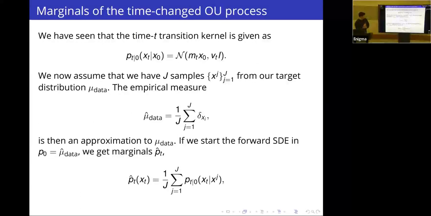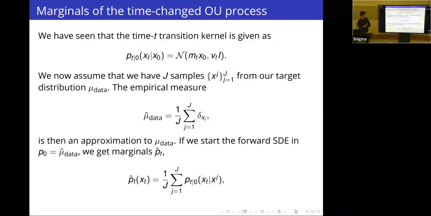So for this particular circular example, we've seen that the time t transition kernel is given as a Gaussian distribution. If we assume that we have J samples from the target distribution, the empirical measure is the weighted sum of Dirac deltas. These are point masses that, if we start the distribution of the forward SDE and diffuse, then we get the marginals p_t hat of the empirical distribution as a mixture of Gaussians.